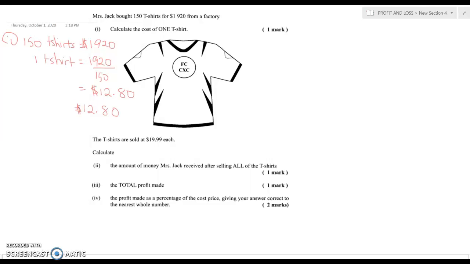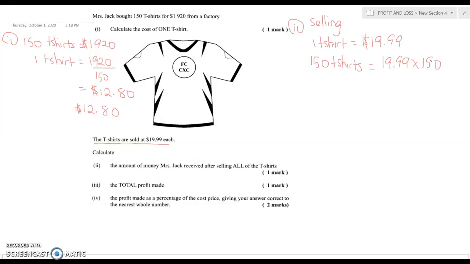Now, let's look at part 2. So we can do part 2 across here. Now they went on to say at the bottom here, the t-shirts are sold at $19.99. Mrs. Jack is actually selling these t-shirts now. So I'm going to put selling over here so we know it's selling prices now. One t-shirt, she is selling for $19.99. So the 150 t-shirts would be the amount she's selling, 1 for 1, multiplied by 150.